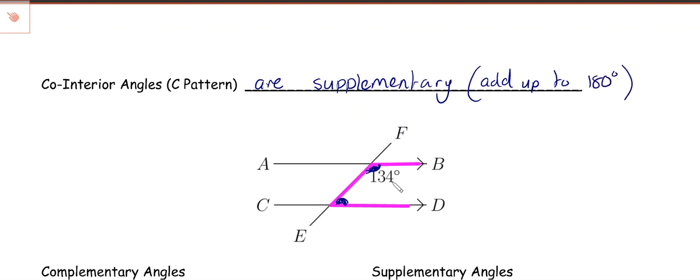So if this one is 134, this angle is 180 subtract 134, which is 46. Well done. Co-interior angles add up to 180.